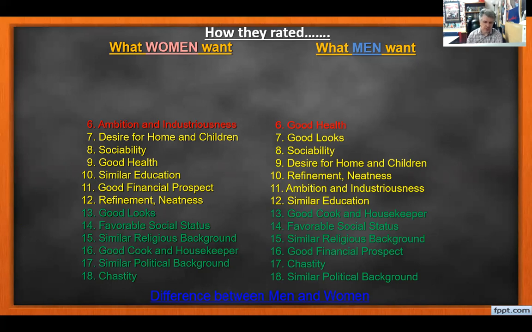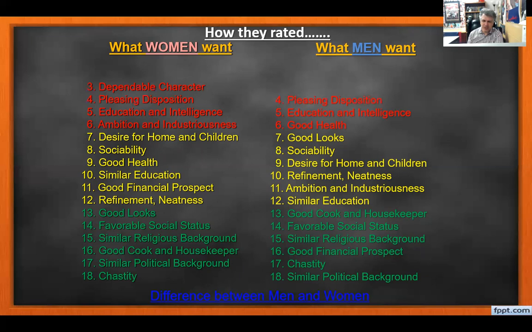Here's where it gets interesting now. So 6 through 18, we've used them all up. So when we're talking about what women are looking for in a relationship and what men are looking for in a relationship, and by the way, this is also gay women and gay men as well, the top 5 are all still on the board. Women put education and intelligence as 5, men also did. Pleasing disposition at 4, men also did.